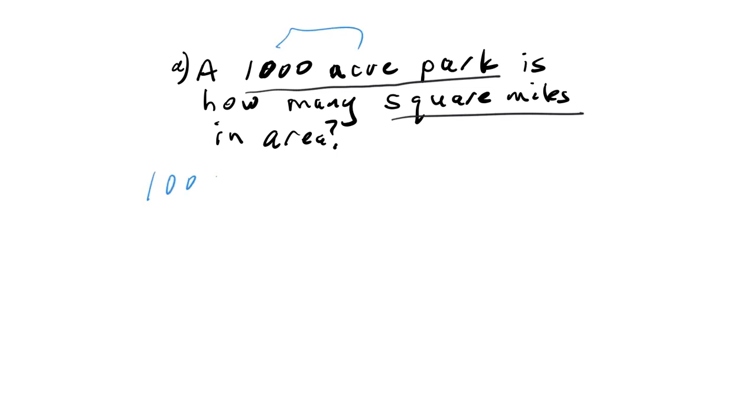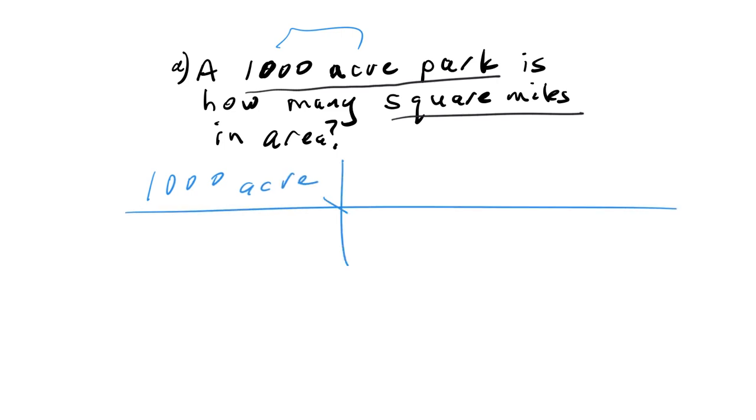I'm going to put it on top. Next thing I do is what? Bring down the unit on top. And what goes here? The unknown, if you can find a conversion factor for it.